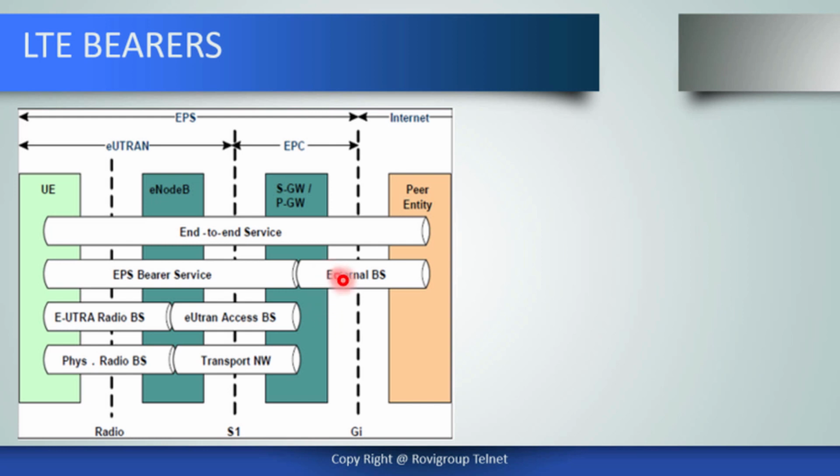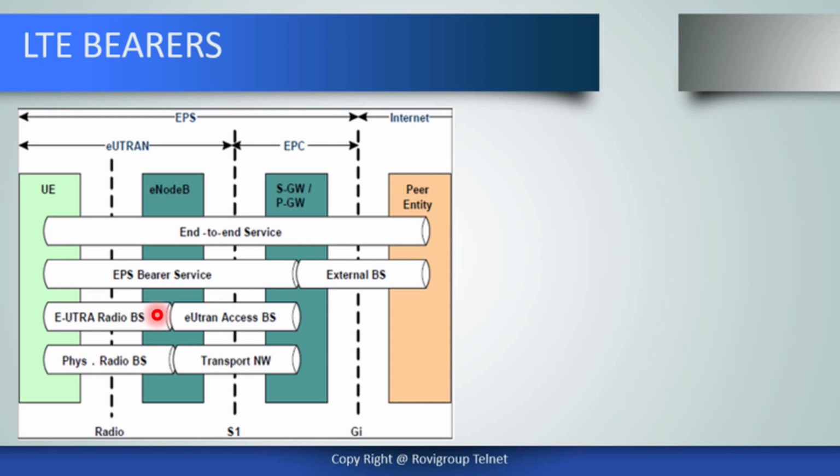Also, there is an external bearer between the PGW and the ISP provider. Similarly, there is a bearer called the EPS bearer service between the UE and PGW as already discussed, and also there is the end-to-end service between the UE and the ISP service provider.